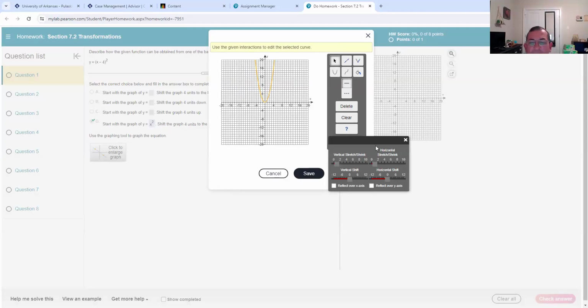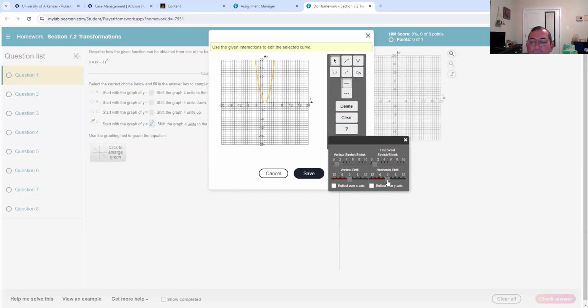Now you see it popped up a little window here. Now don't worry about the top two things that say vertical stretch and horizontal stretch. We're not doing that. All we're worried about is the stuff that says vertical shift, horizontal shift, and reflect over the x-axis. So we said that was going to shift my graph 4 units to the right.